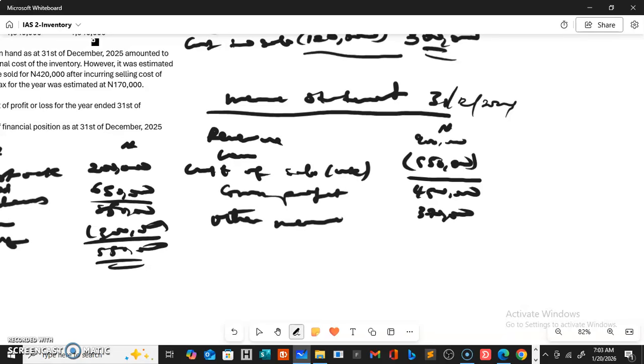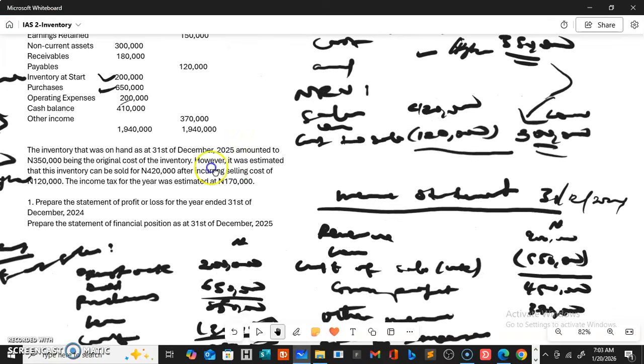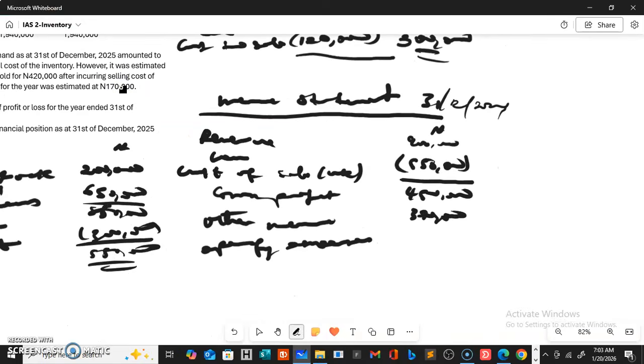We also have operating expenses. Those operating expenses that we have there are 200,000. So we deduct that 200,000. So this will give us the profit before tax.